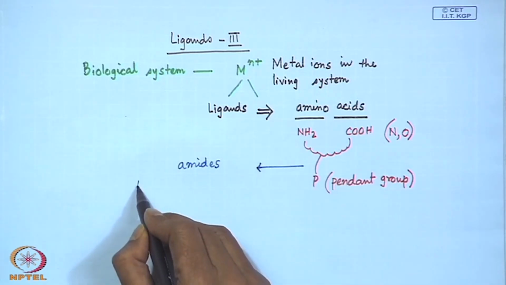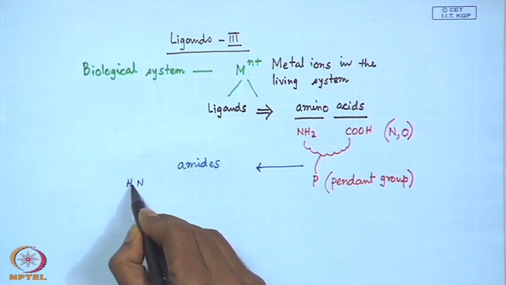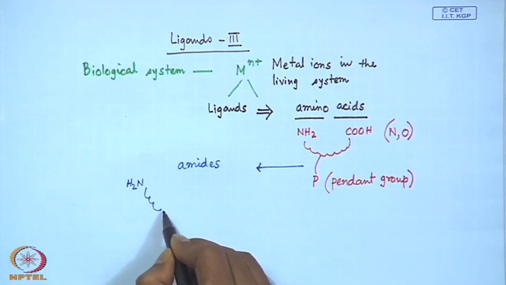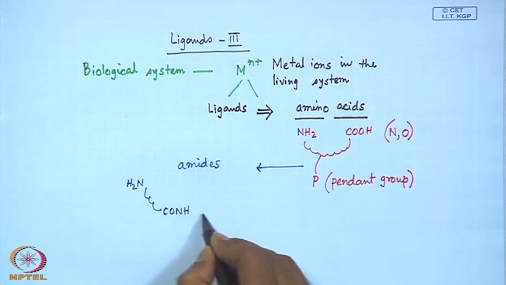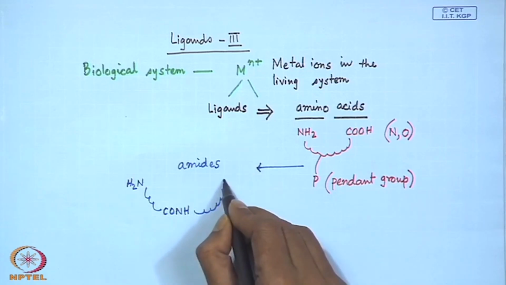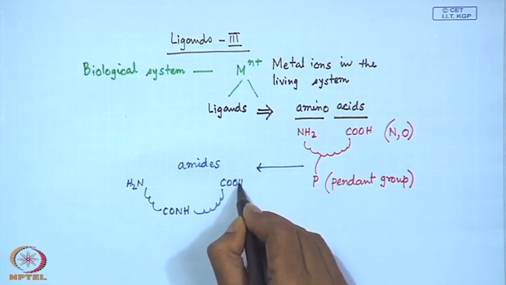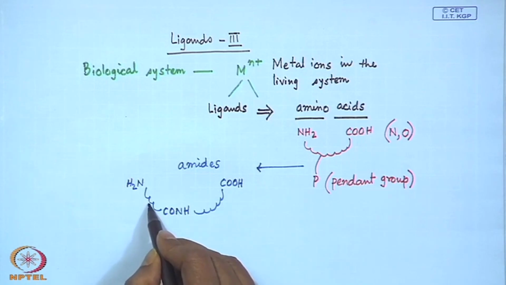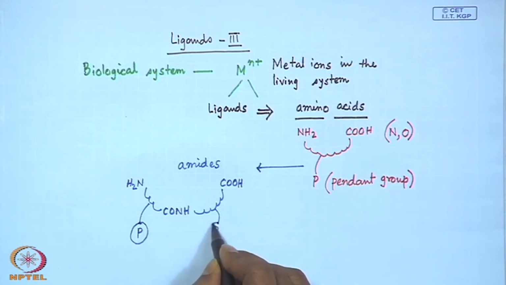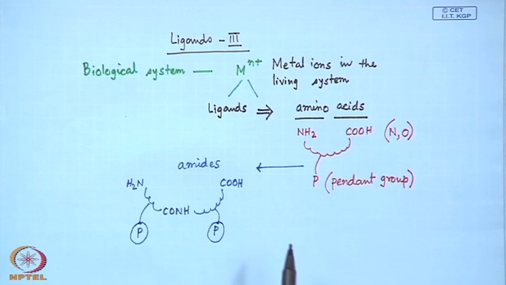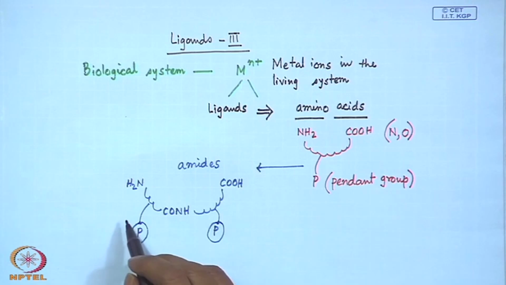So, apart from this, we have the NH2 functionality, then we can have the peptide backbone and the other COOH, and we can have these pendant groups from here as well as pendant group from here, depending upon the corresponding availability of the amino acid sequence in the long polypeptide chain.